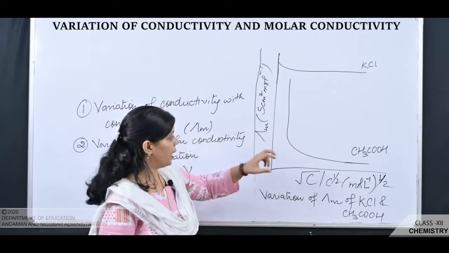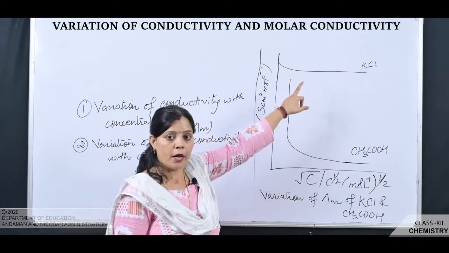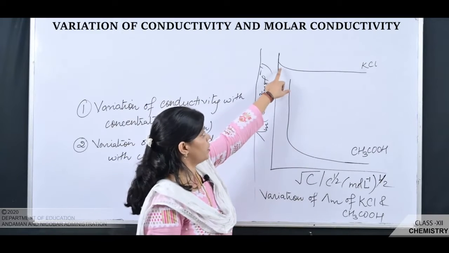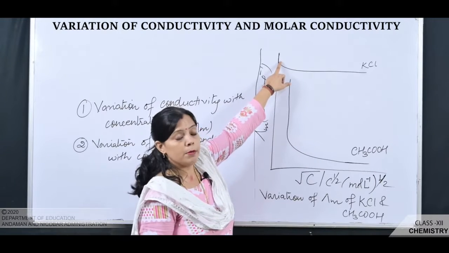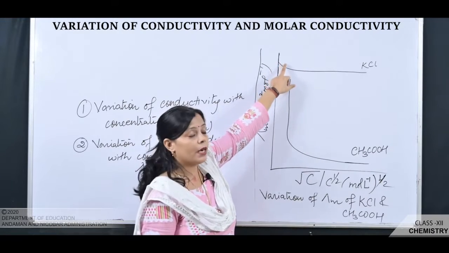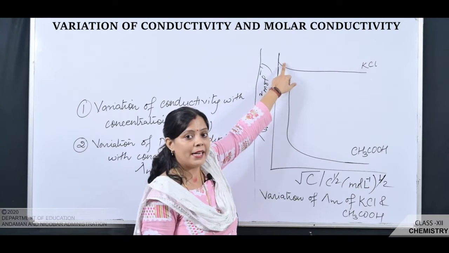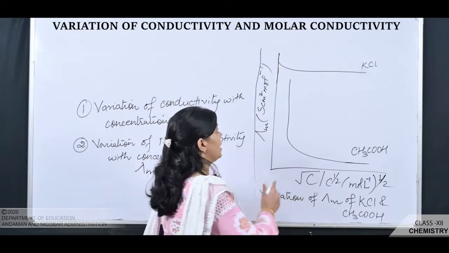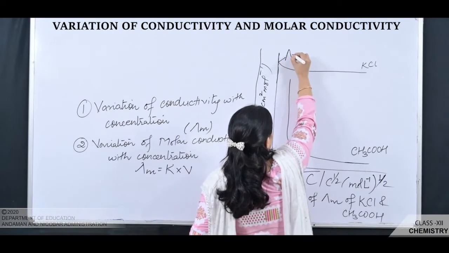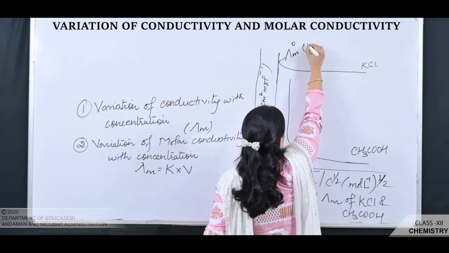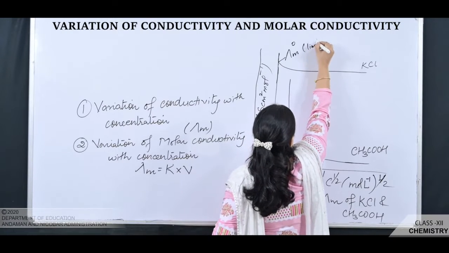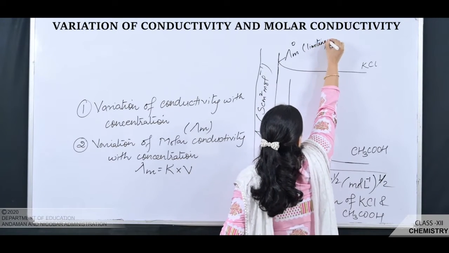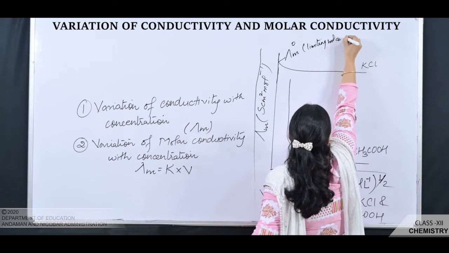You can see here that in the case of a strong electrolyte, when the concentration approaches 0, this is the maximum value. Here the molar conductivity of the electrolyte attains a definite maximum value that is named the limiting molar conductivity, represented by kappa m naught.